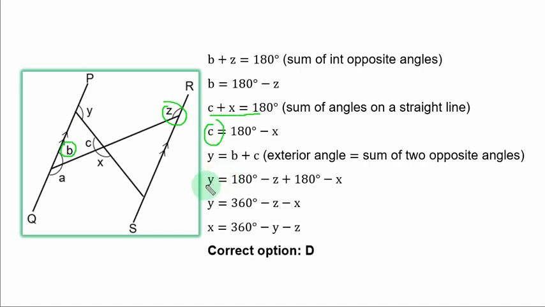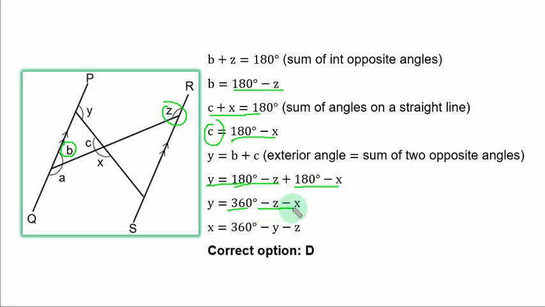So we have Y equal to, already you know B. B is this. You replace B with what it stands for. Now C is this. You replace C with what it stands for. So if you add 180 plus 180, you have 360, then minus Z minus Y.